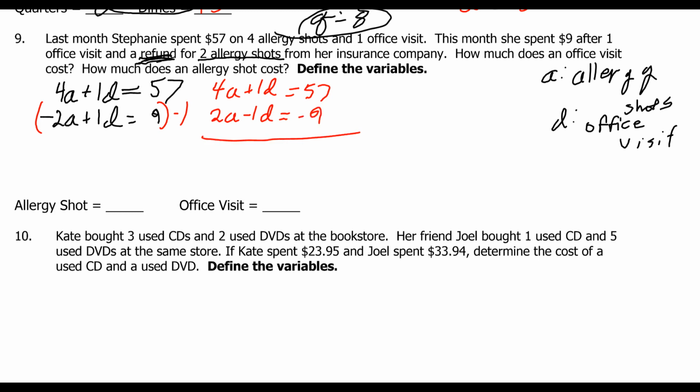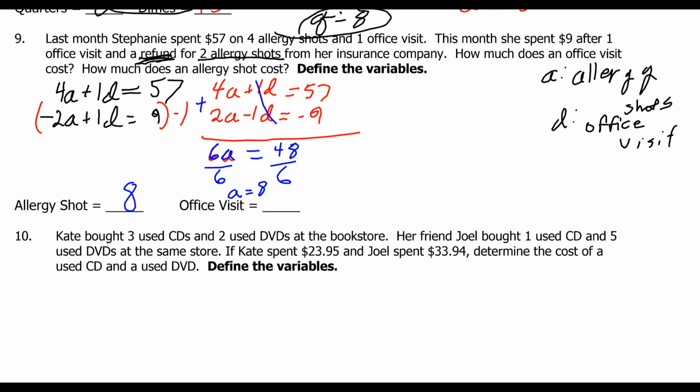Now when I combine these, I have 6A, the D cancels, and 57 minus 9 is 48. We divide each side by 6, and A equals 8. So we've got $8 for an allergy shot.